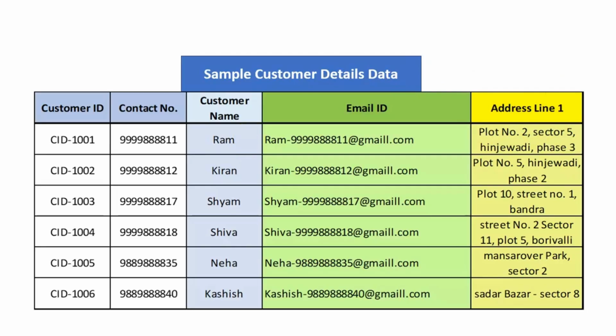In customer column, we want all the values to be converted into uppercase. In the case of email ID, we want to convert all the values into lowercase. For address line 1, we want to follow the proper format. Now let's move to our Excel series workbook and understand these functions in detail.